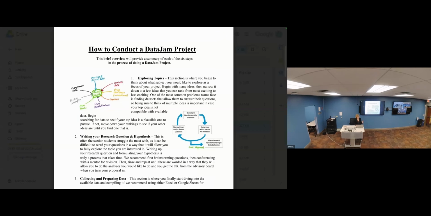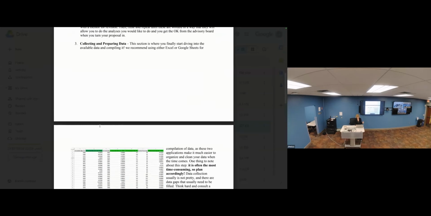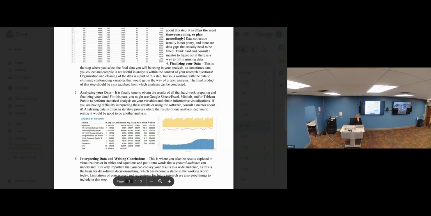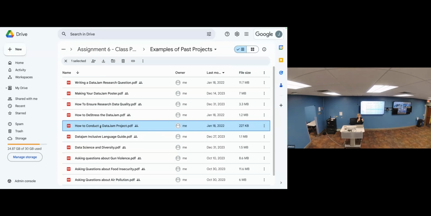Again, it goes over how do you explore topics, write a research question, and takes you through some examples of setting up data, analyzing data, and interpreting it. Hopefully you're getting the sense that the general gist of how to go about asking a research question and design a proposal is something that we have a number of guides.